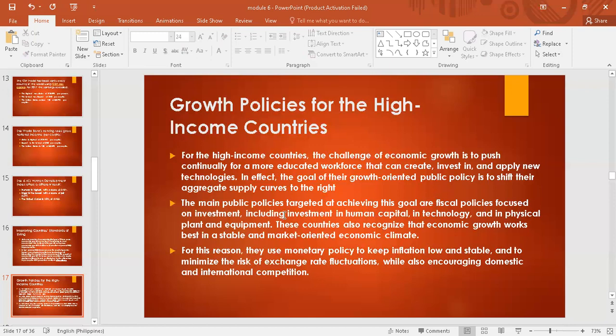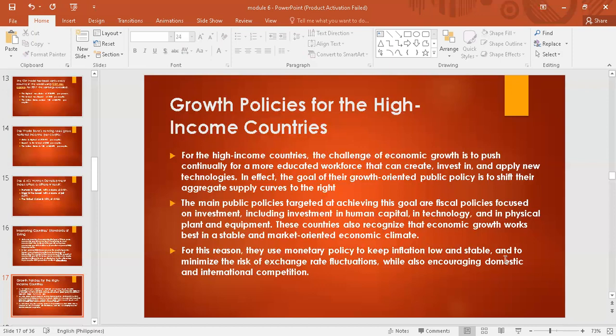Now, dito po, ang mga public policies katulad ng expansionary fiscal policy, contractionary fiscal policy, expansionary monetary policy, at saka contractionary monetary policy. Ito ay mga terms sa economics po for the decision makers ng mga high income countries, same as sa mga ibang countries also, hindi lang sa high income countries.